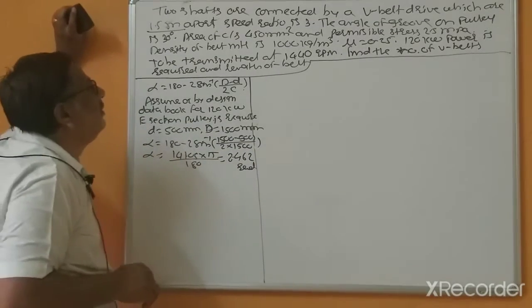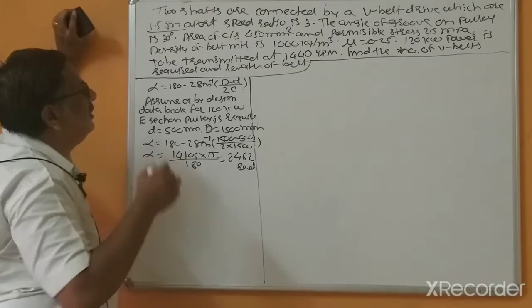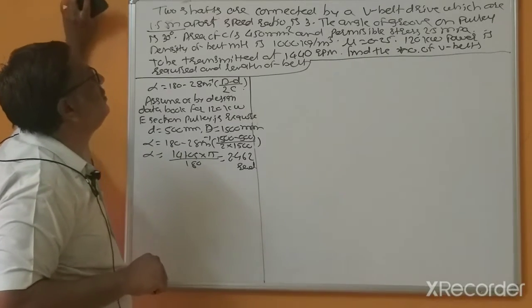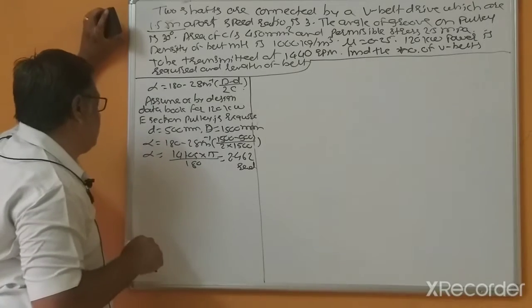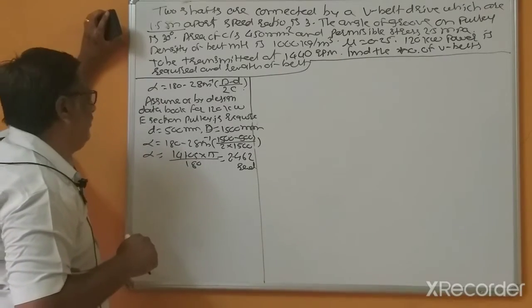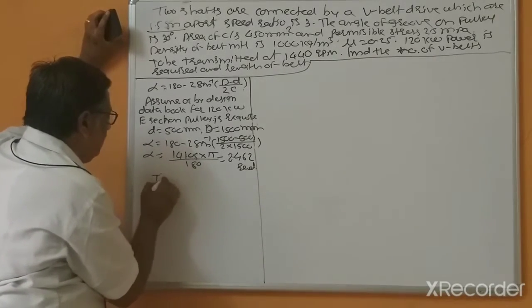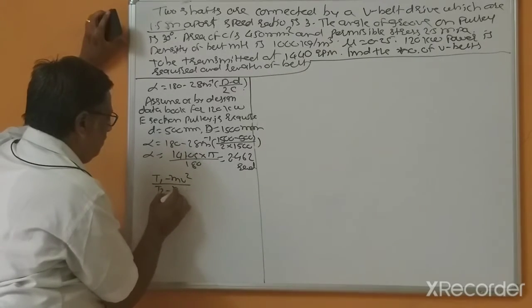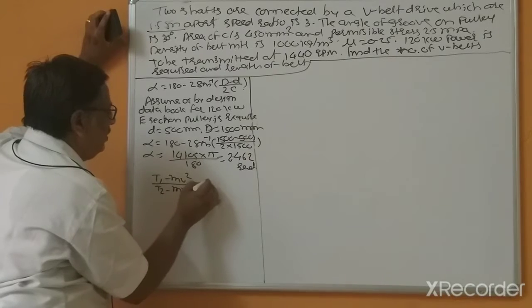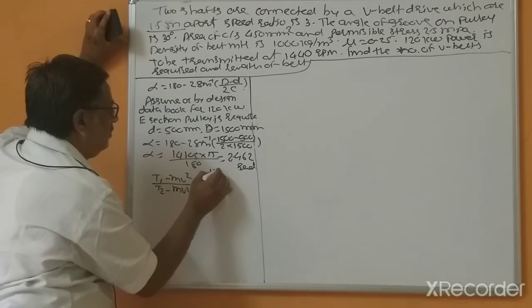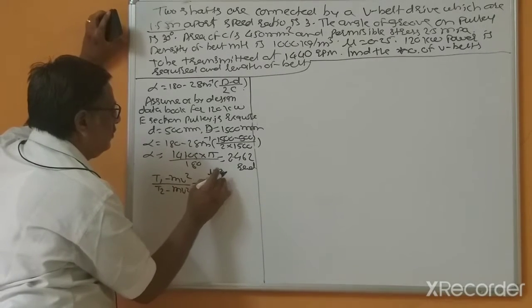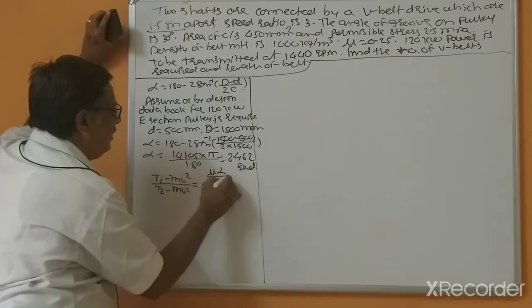Right? Next, in this problem the power is to be transmitted, but the area of cross section is given. So we can use the relation (T1 minus mv squared) divided by (T2 minus mv squared) equals e to the power mu alpha divided by sin theta by 2.